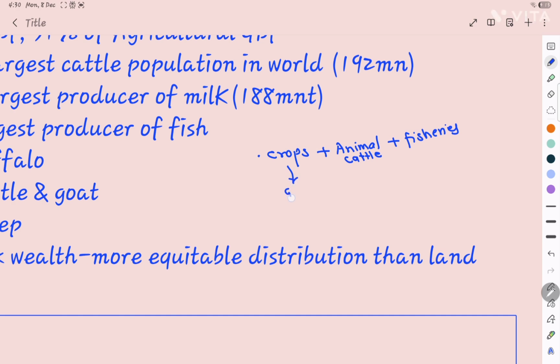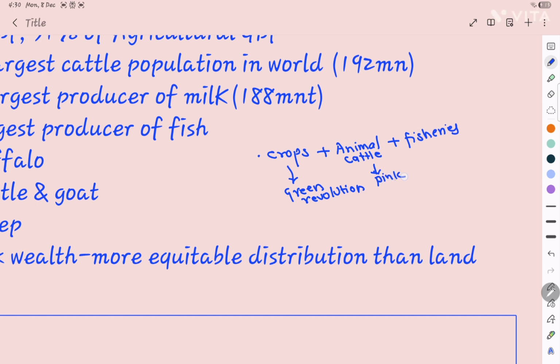Now, government steps. The government first introduced a mission, the National Livestock Mission. It is focused on productivity, entrepreneurship and employment, conservation, and capacity building. Entrepreneurship means converting agriculture into agri business.